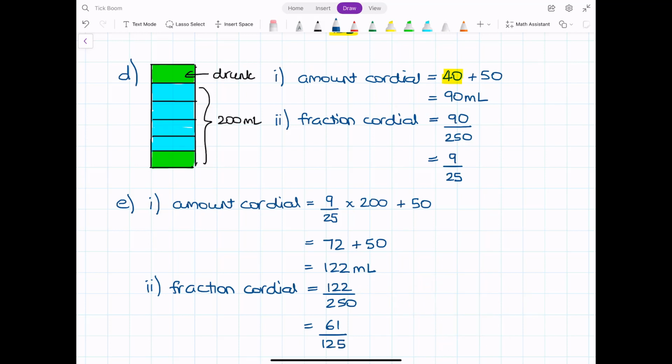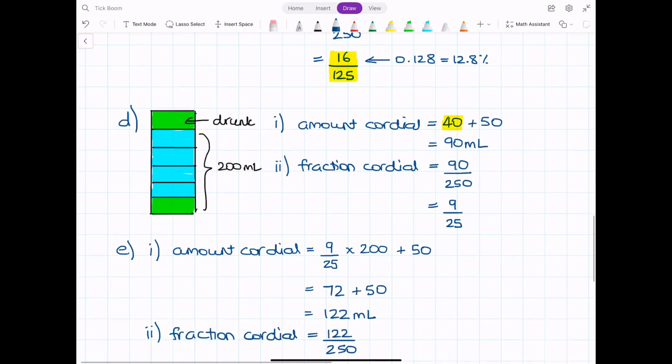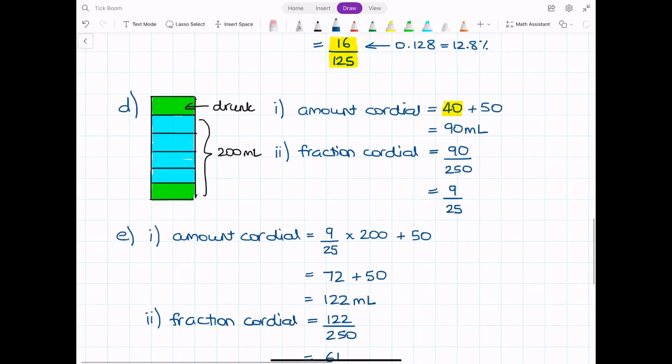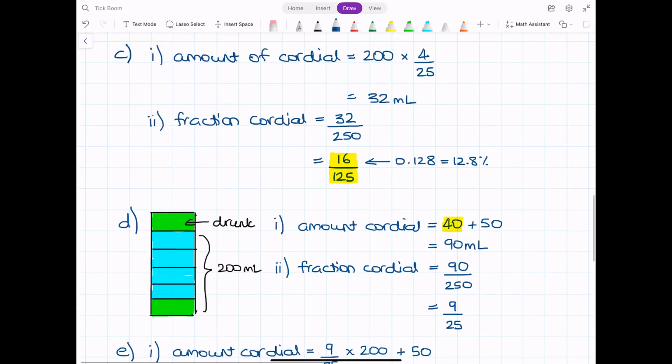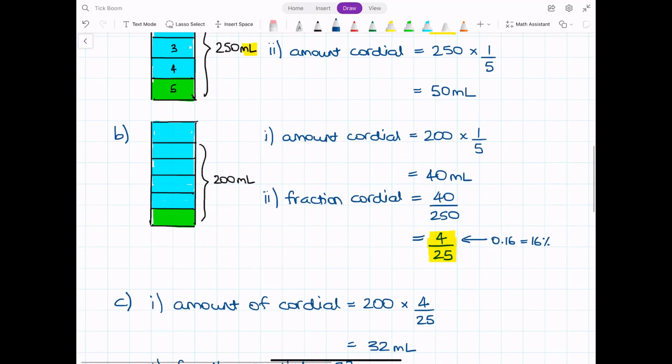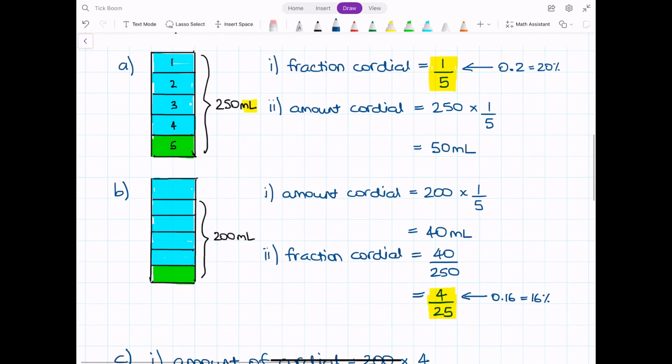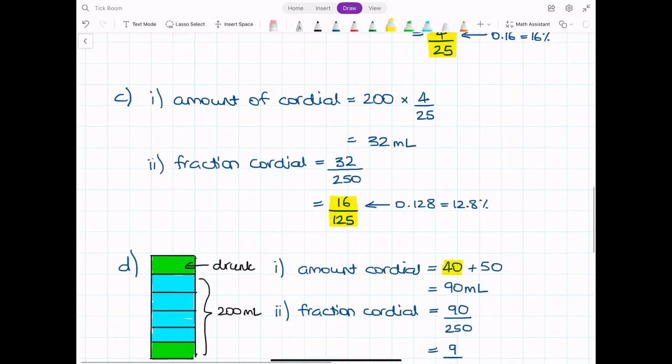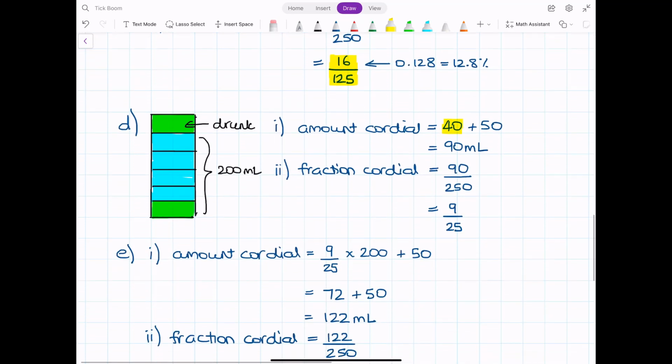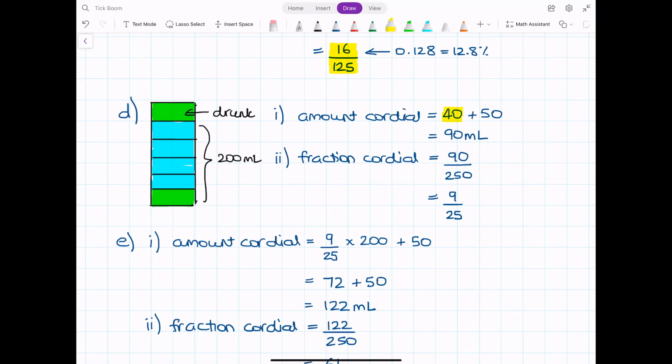Now, it can be interesting to see what's going on with Lynn. So Lynn started in the same way as Feroz. The amount of cordial was 20%. That's where this whole thing began. And then after the first iteration of the process for Lynn, she ended up with a fraction of cordial of 9 over 25.